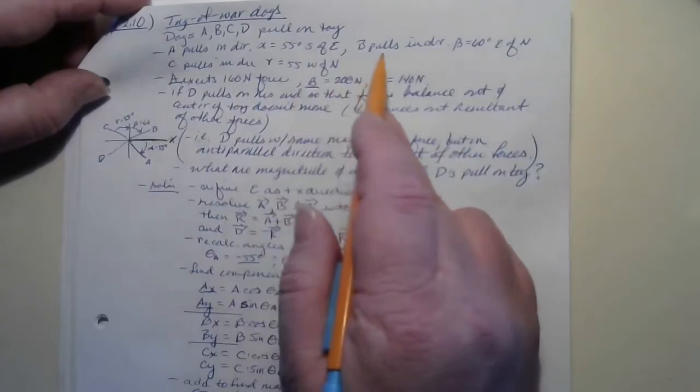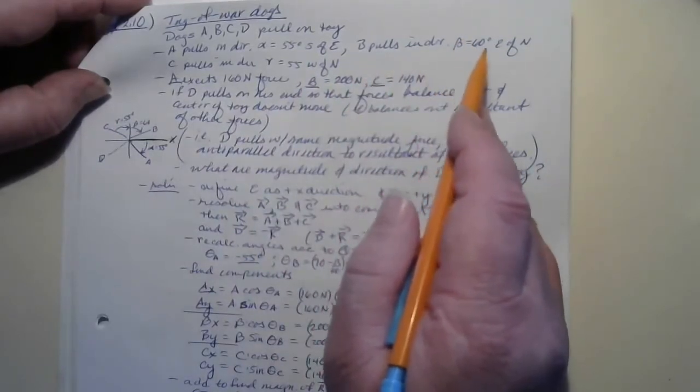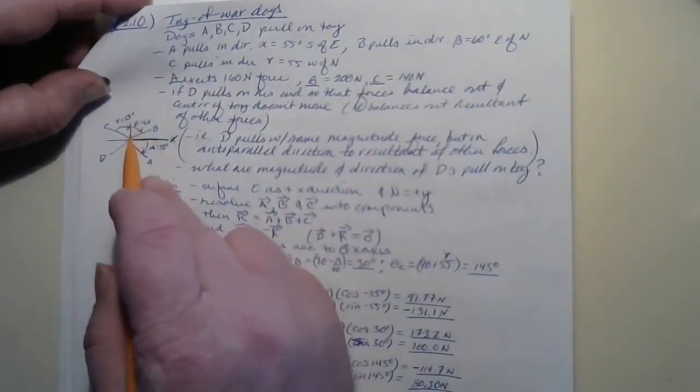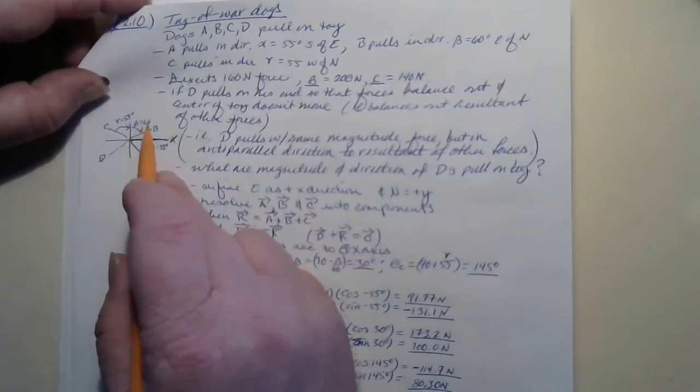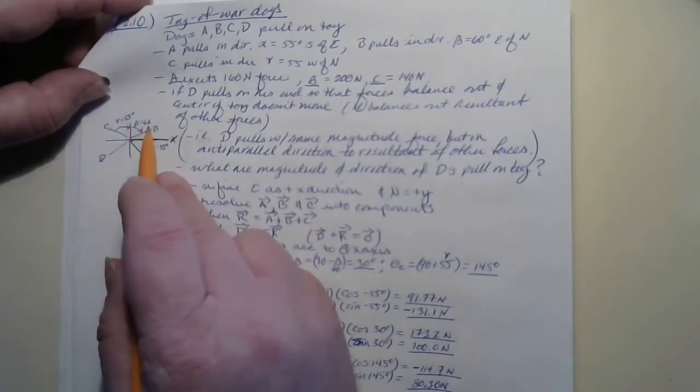Dog B pulls in a direction with angle beta equals 60 degrees east of north. Well, north would be the y-axis, and east of that would be toward the x-axis from the y-axis.